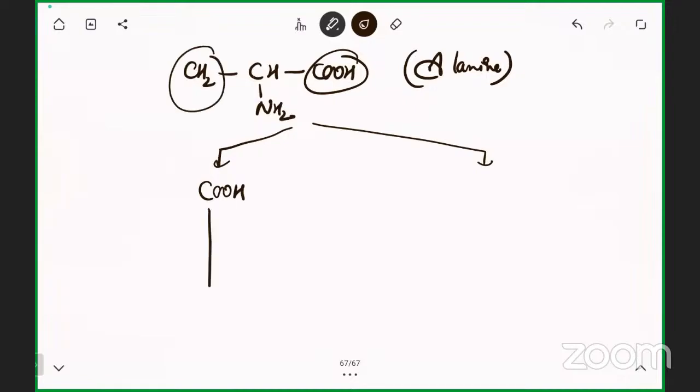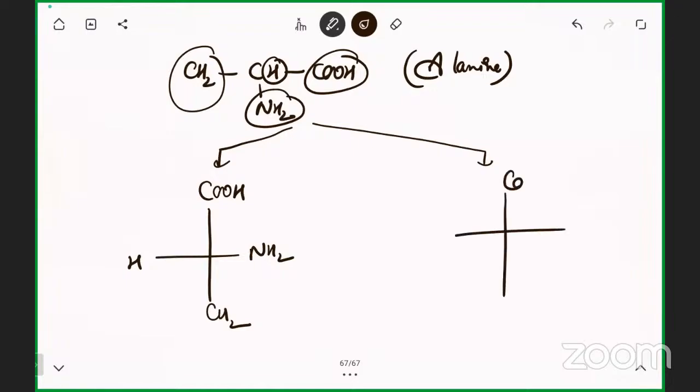Last carbon you have to show as it is. Meanwhile, in the middle carbon, one side we have H, another side we have NH2. Just make a cross: COOH, CH3, NH2 on the left side, H on the right side. So two possibilities are there. Got my point? Yes or no? Yes, sir. This is quite easy, I think.